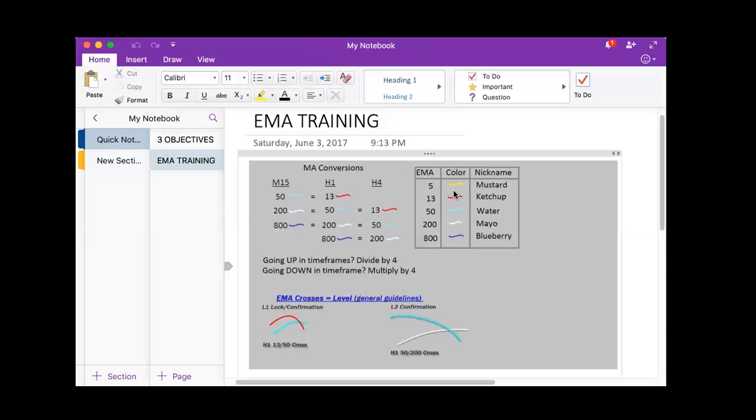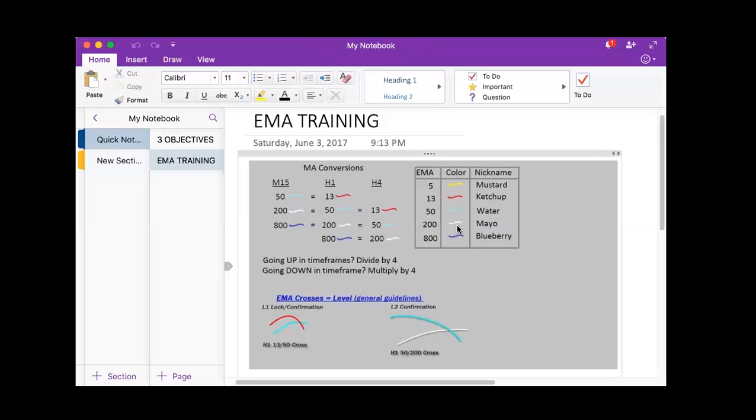Now, is that the only thing you're going to base your trades off of? No, because there are other things you have to take into account, and you're going to learn that in further courses. One of the things is you've got to see that your TDI is good. You also have to see if the candlestick formulates on the 5 moving average. Also, the 50 is one of the biggest EMAs of all of these.